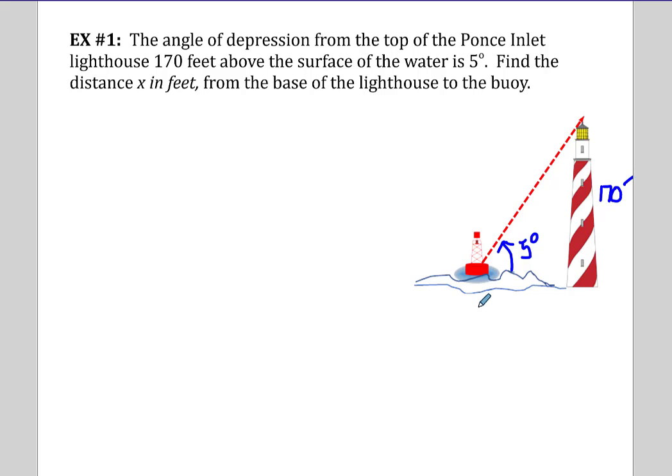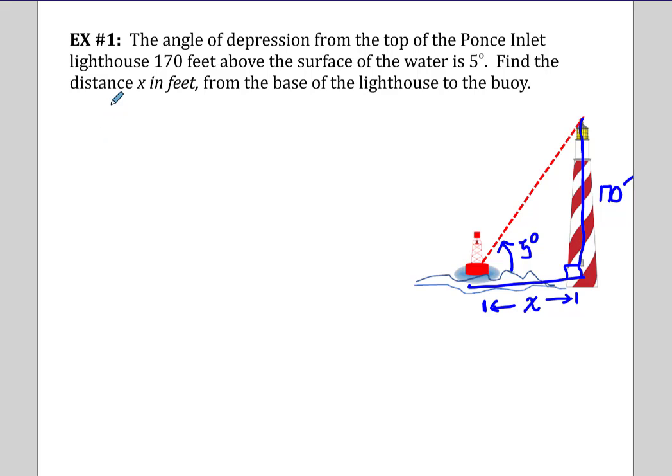So we're looking for this distance from the buoy to the lighthouse. We're going to call that x. And we're also making the assumption that this forms a right triangle and that this lighthouse is perpendicular to the ground level. So we've got a right triangle there.